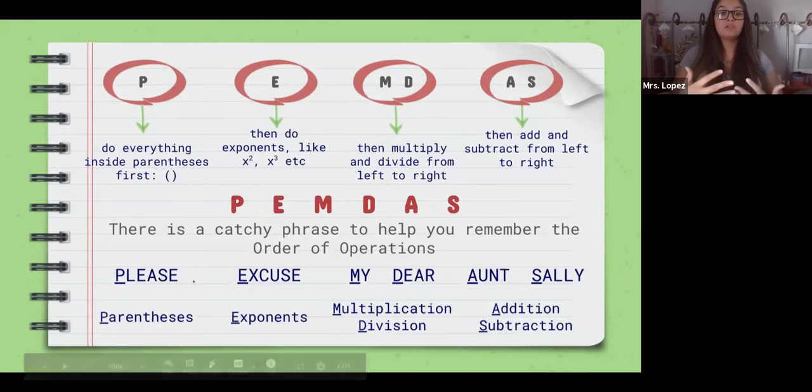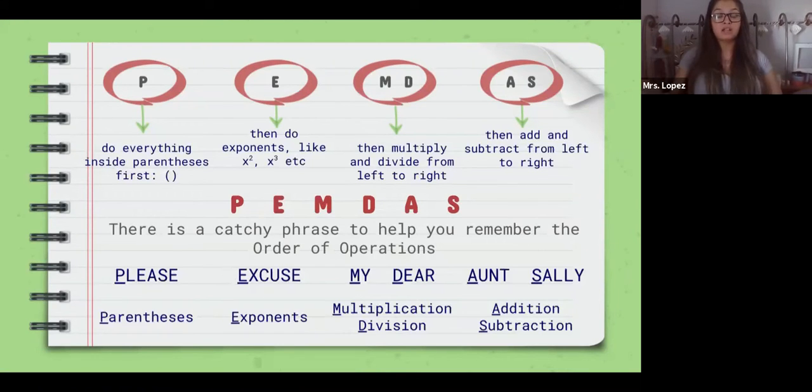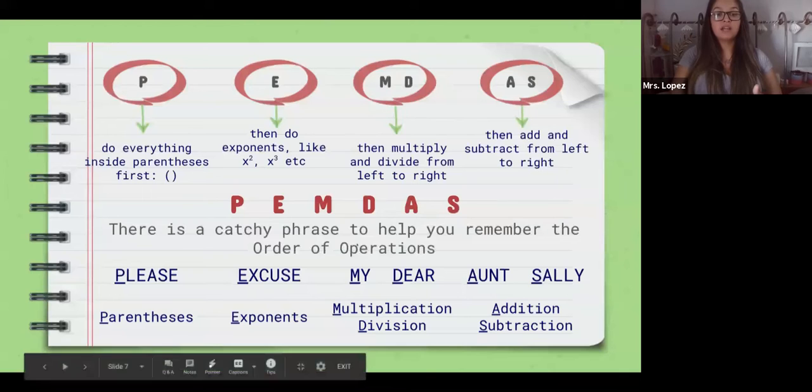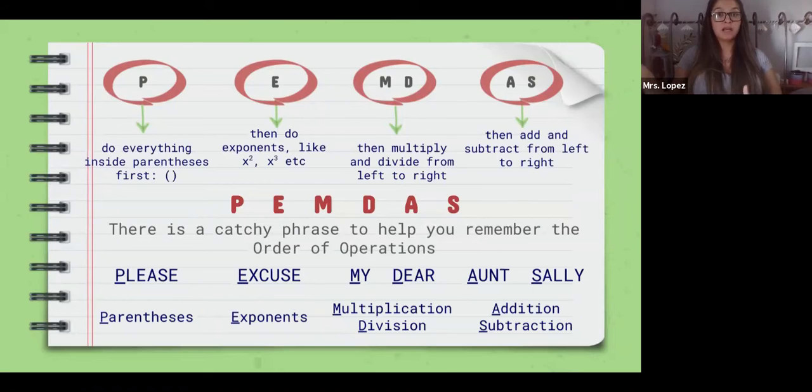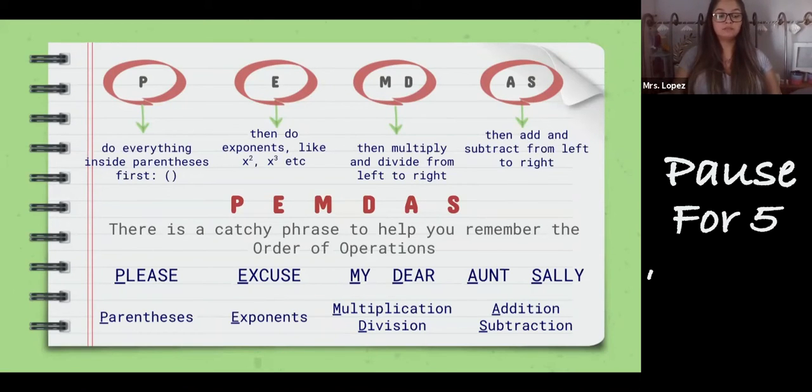This is going to help you right now in our lesson to doing our expressions and calculating them and doing them in the right order. So take your time, pause the video right now, and write down this catchy phrase and the acronym and what it stands for to help you when we do our problems coming up. Pause the video for 5 minutes.